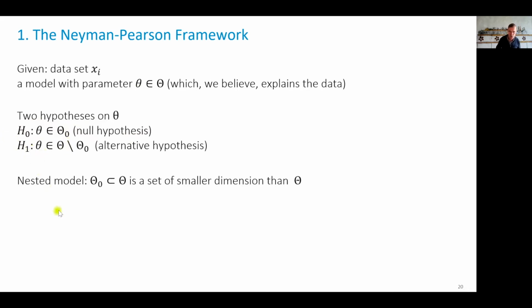But it's important to realize that in practice, for all tests that are done in real life and that you will see reported upon, they use what is called the nested model. The nested model means that the null hypothesis is special in that we assume that it corresponds to a special case of a more general framework. And the thing we want to test is, are we in this special case or not?